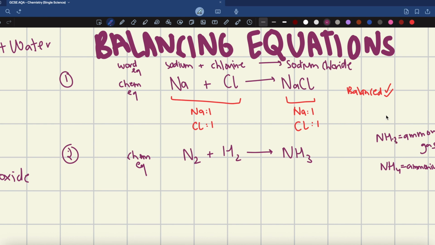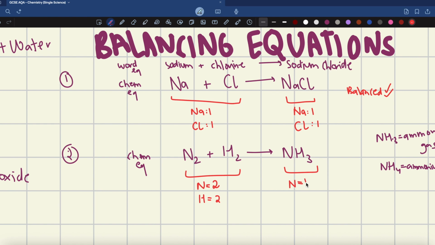Now, let's look at the number of particles of each of these elements and compare them on the left and the right hand side. Let's look at the reactant side first. How many particles of nitrogen are present on the left hand side? 2, because there's an N2. So there are 2 nitrogen atoms. And for hydrogen there are 2. Let's compare it to the right hand side.